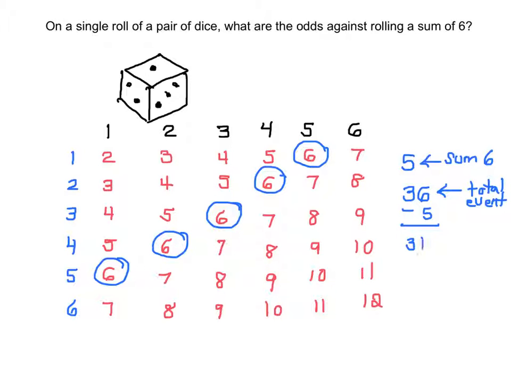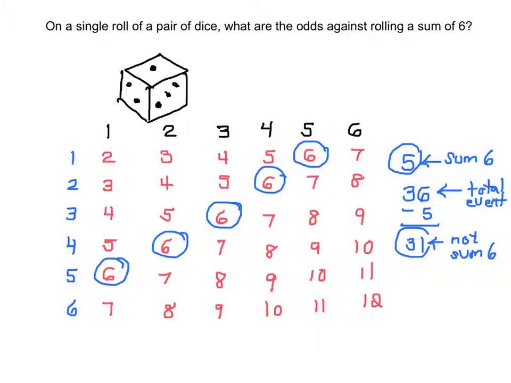So 31 will not give us a sum of 6. Of the 36 possible ways the dice could turn up pips, 31 will not give a sum of 6, and 5 will give us a sum of 6.